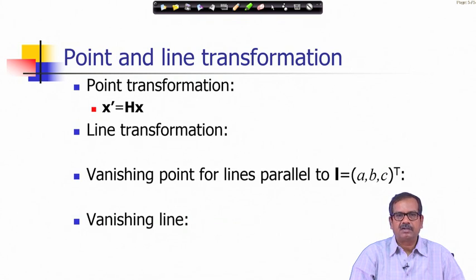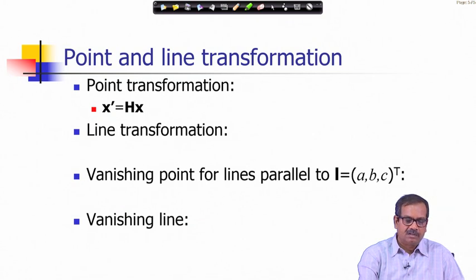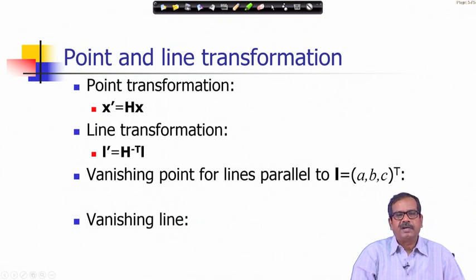You should remember that all the representations are in homogeneous coordinate form. Then line transformation, where a line has to be multiplied by the matrix H^-T, which is the transpose of the inverse of the transformation matrix, and then you get the corresponding transformed line.